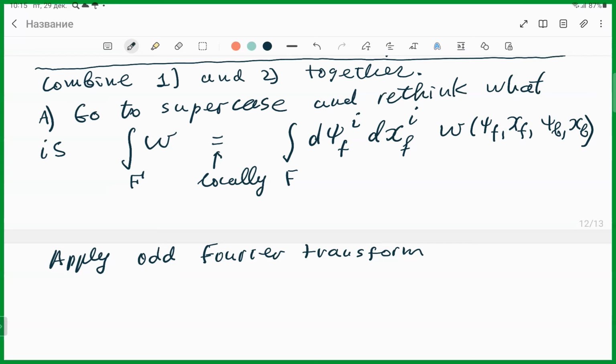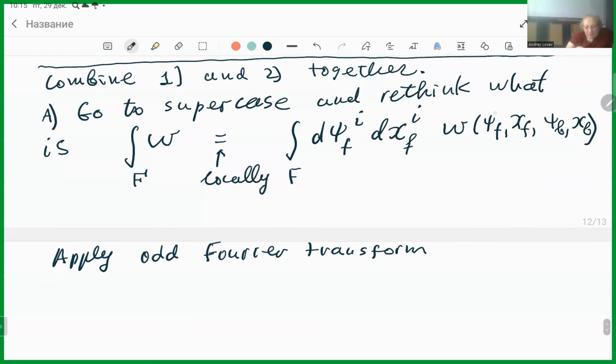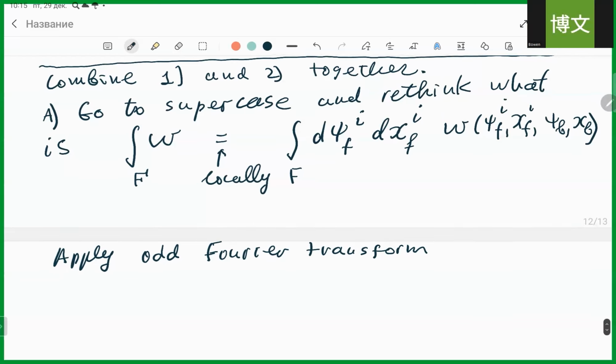In both. There are coordinates x in the fiber and in the base. I want to write it this way. So here we integrate only in the fiber. Oh, I see. Thank you.